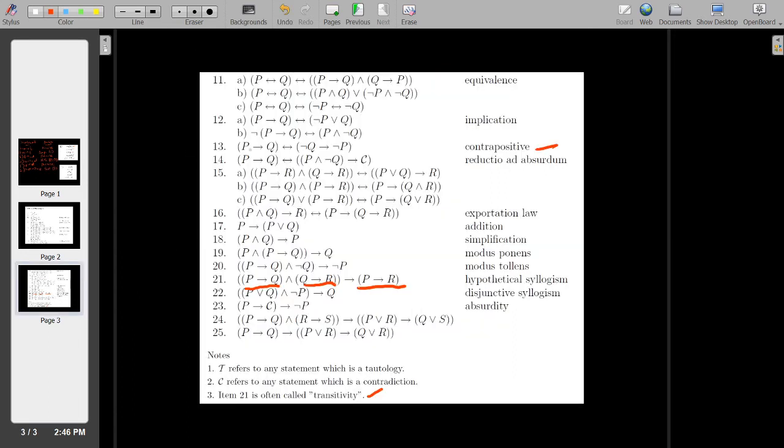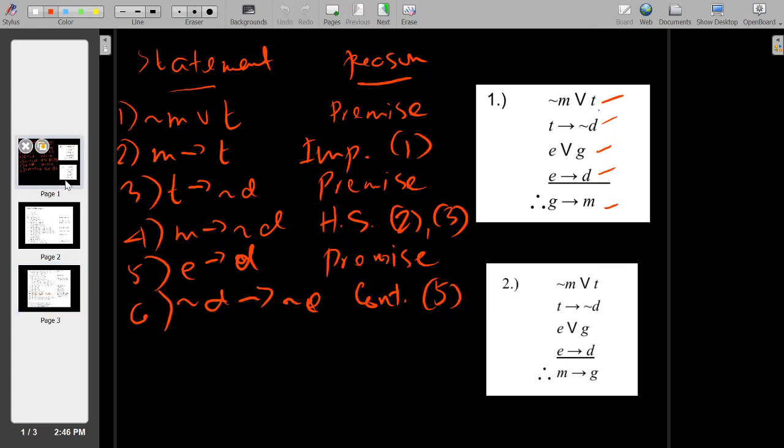P implies Q if and only if not Q implies not P. These two are logically equivalent, or this whole statement is a tautology. So E implies D, or if E then D, is the same as saying if not D then not E. So that's contrapositive.